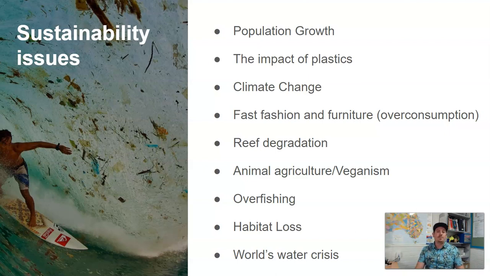Overfishing, which is basically what most fishing is, which is taking huge nets and taking all the fish out of the ocean. Habitat loss, which is what happens to animals when you destroy huge amounts of land that they live on. And then there's the world's water crisis, which is a whole other factor and an issue that is hitting hard in certain countries where they are literally about to run out of running water any time.